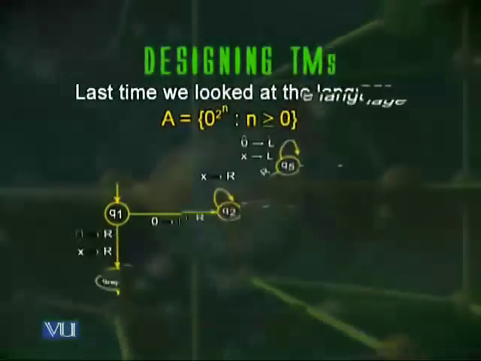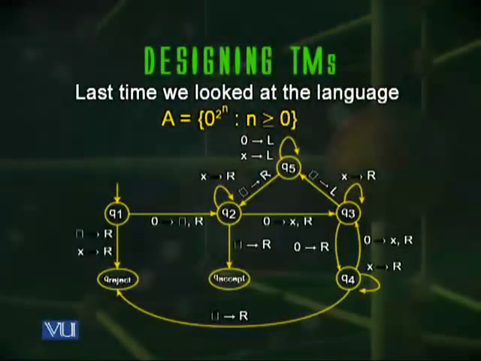That Turing machine had 7 states, and Q1 was the initial state, QA was the accept, and QR was the reject state. The most important thing about this Turing machine was its transition function, which was given by the following state diagram. Let's have a look at this state diagram in more detail.